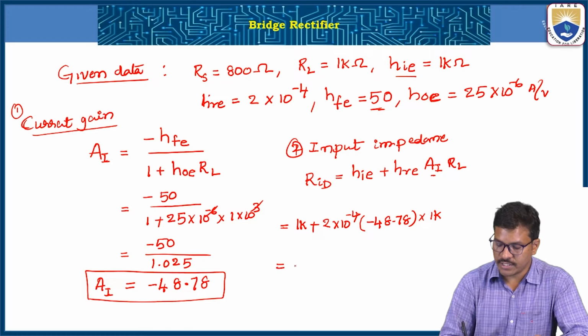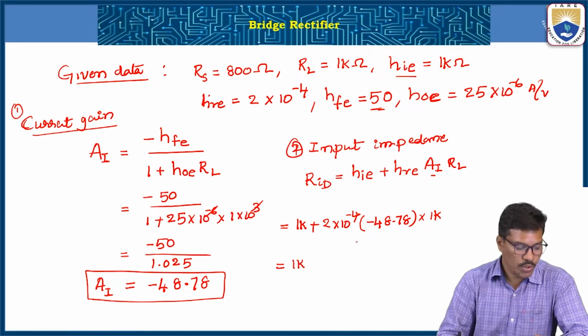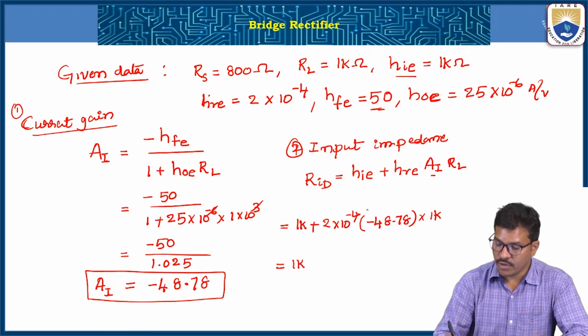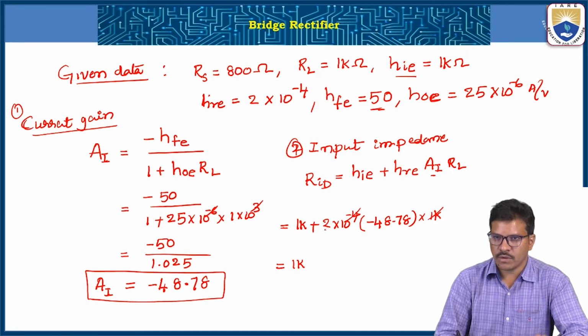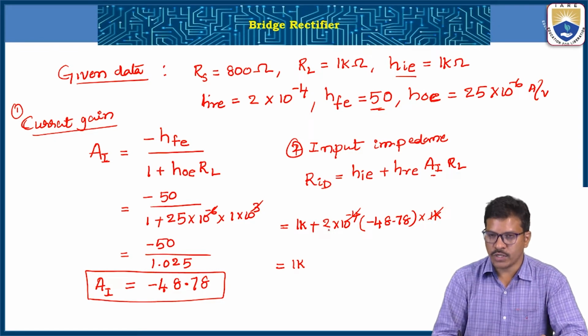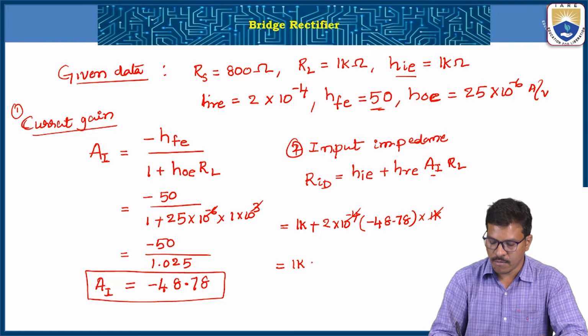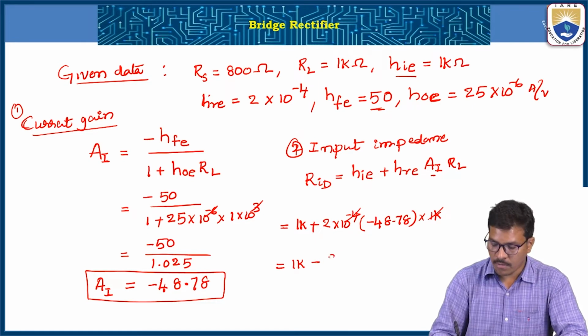By substituting all these values, the kilo and the 10 to the power of minus 4 cancel, leaving 10 to the power of minus 1. Minus 48.78 into 0.1 multiplied by 2 becomes 0.2 into minus 48.78, which gives minus 9.75.